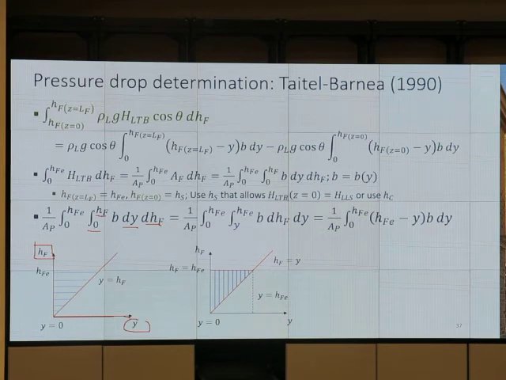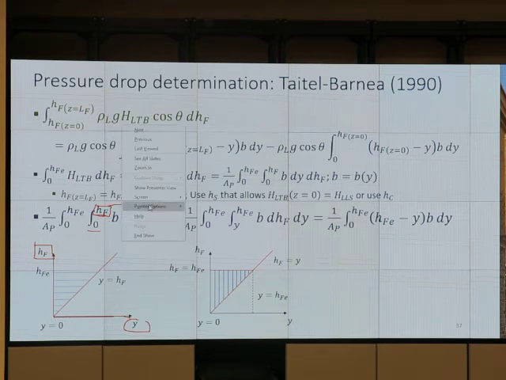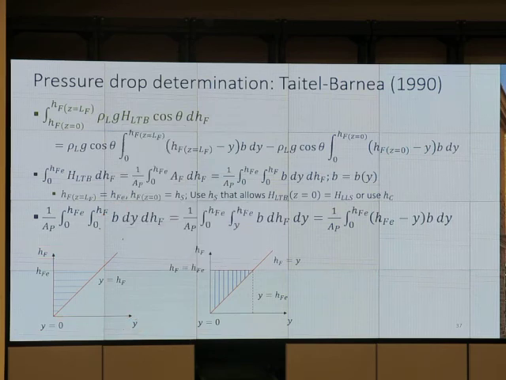From 0 to HF, that HF is not a constant, but that HF is a variable, right? So this means the lower limit is what? y equal to 0. The upper limit is y equal to HF.